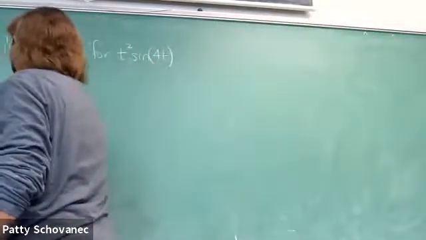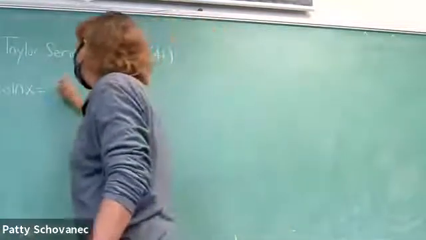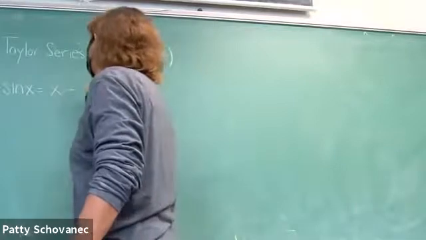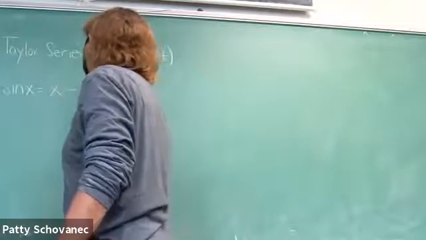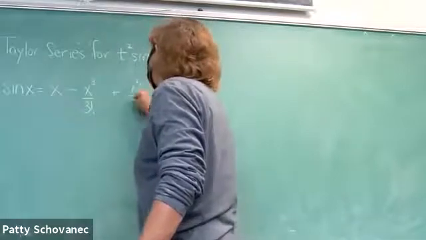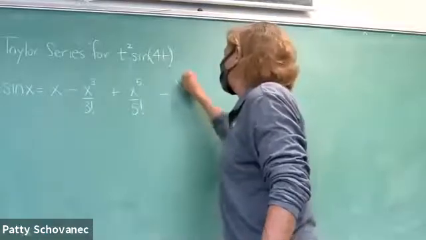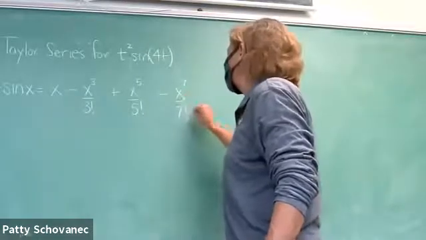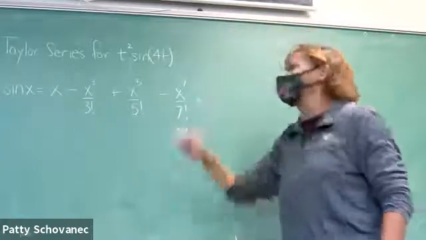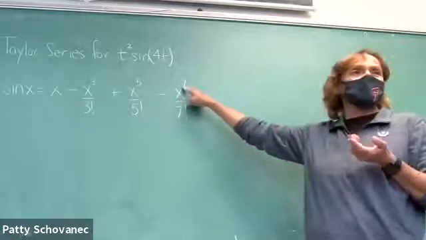If it's odd, it starts with x minus x cubed over 3 factorial plus x to the 5th over 5 factorial minus x to the 7th over 7 factorial. And then there's more, but this web work problem just wanted the first 4 non-zero terms. This generates for us a 7th degree polynomial, right?